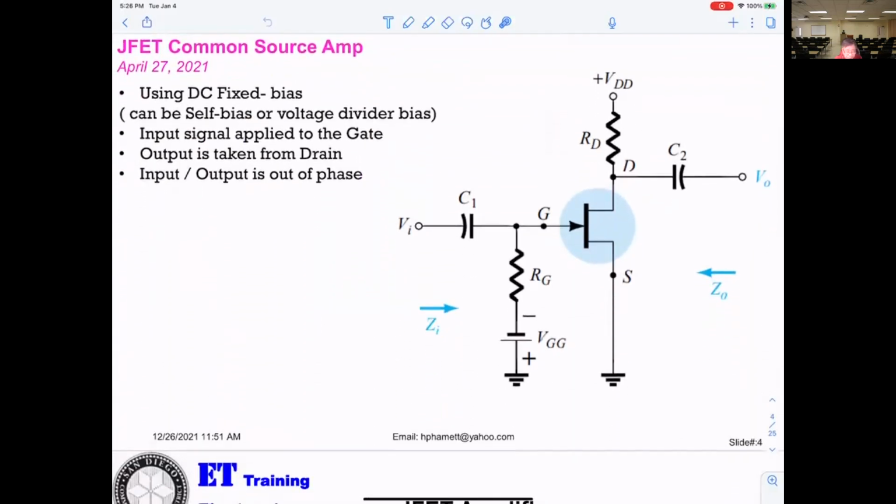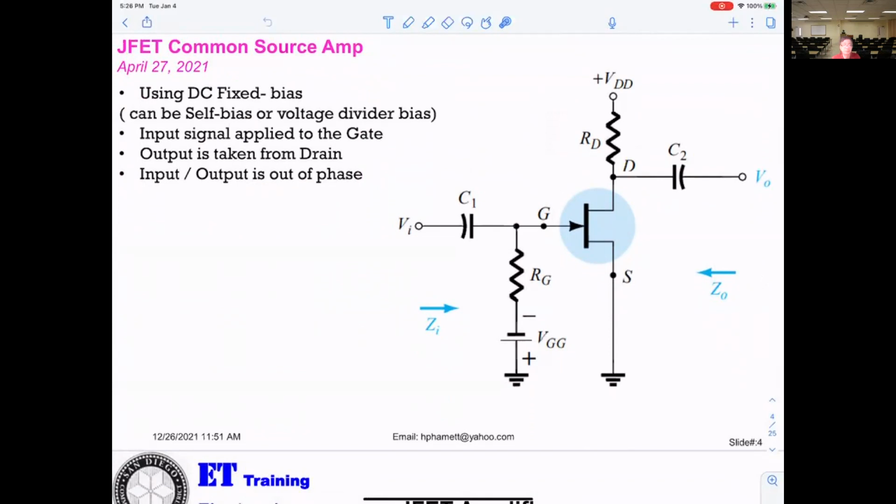And now, first, you can see we get a common source amplifier. The common source amplifier displayed here is using fixed bias to build the amplifier.